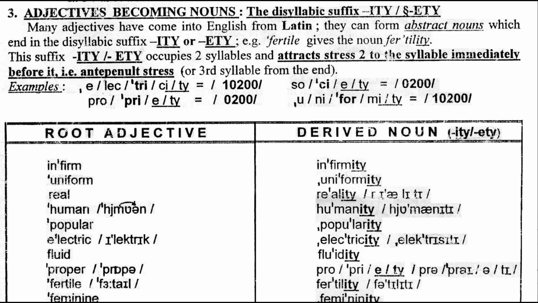That's why we call them disyllabic. The rule says when we have ety and ity, which are stress shifting suffixes, the stress falls on the syllable just before this suffix. So it is on the antepenult, the third from the end, because these suffixes occupy two syllables.